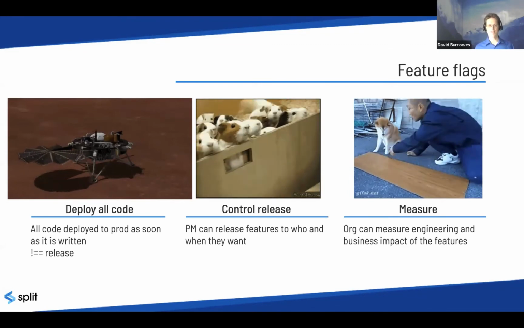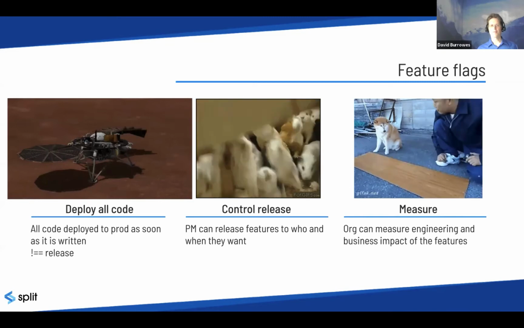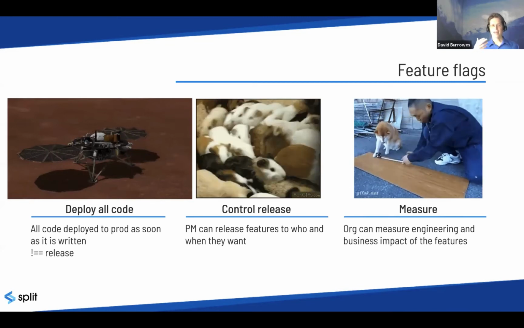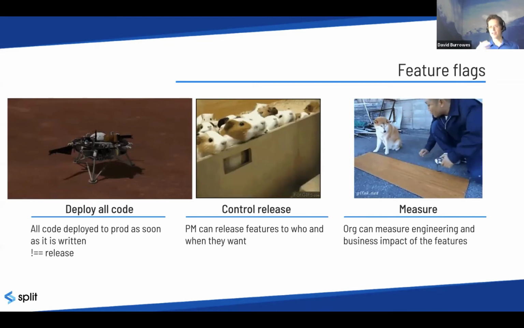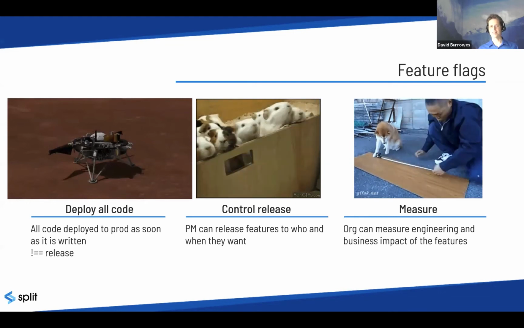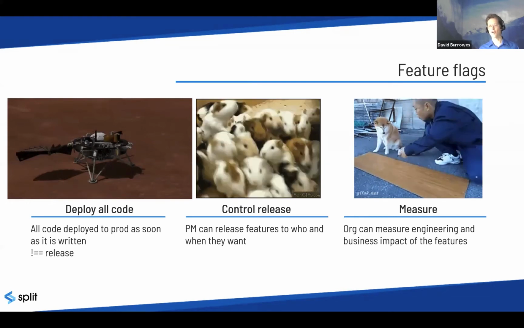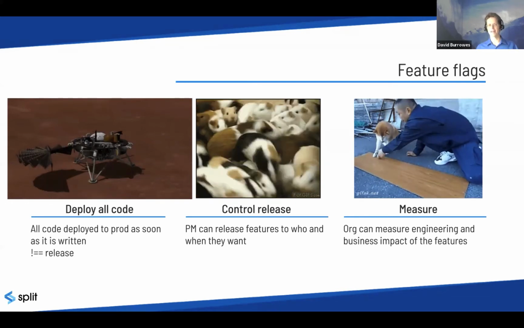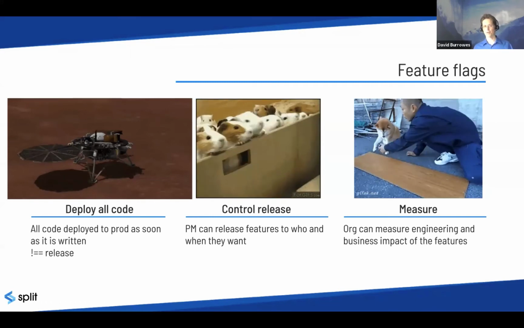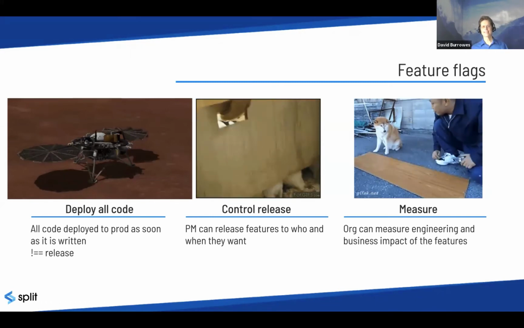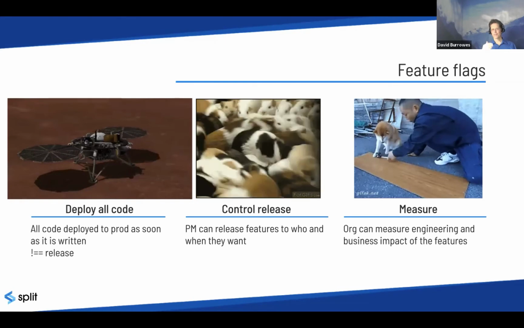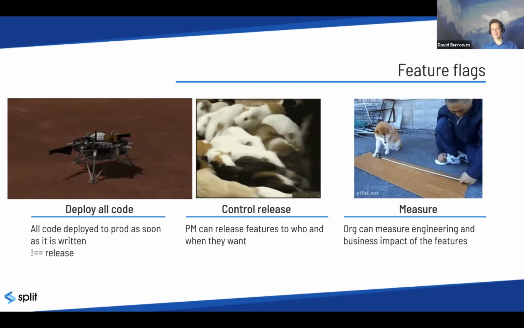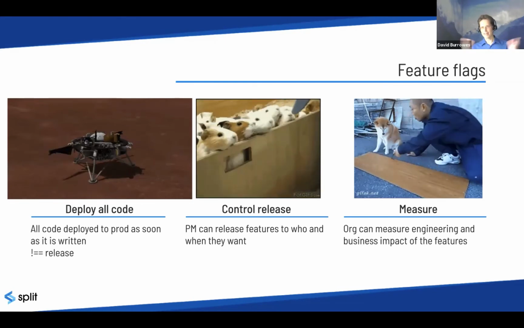So the feature is being developed, it gets deployed to prod, and then a PM can use some remote console to decide when to turn the feature on or off. So once the development is done, it can be turned on for the customers. At its simplest, you're going to just deploy the code, the PM will just turn it on and everyone will use it.